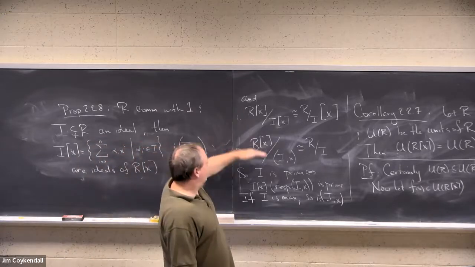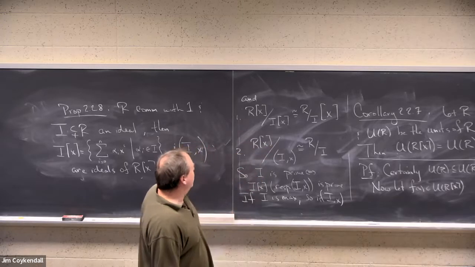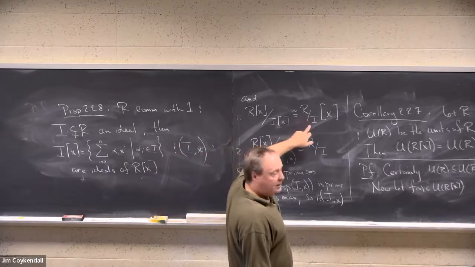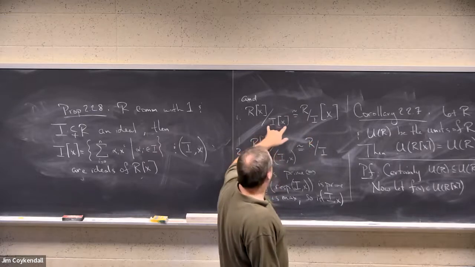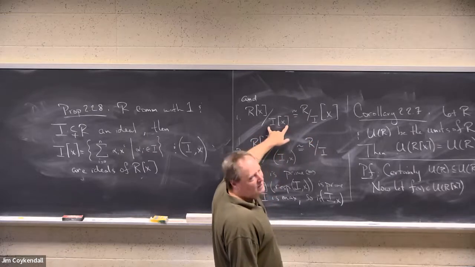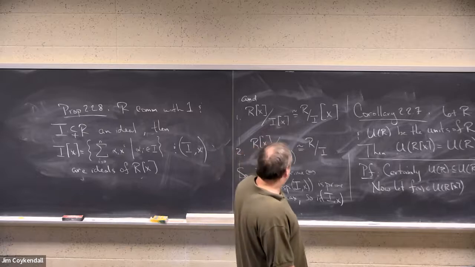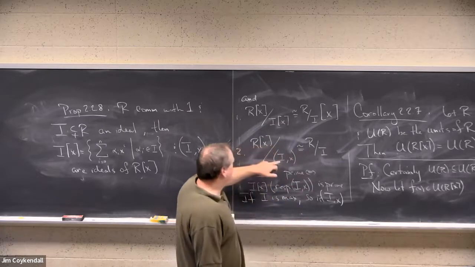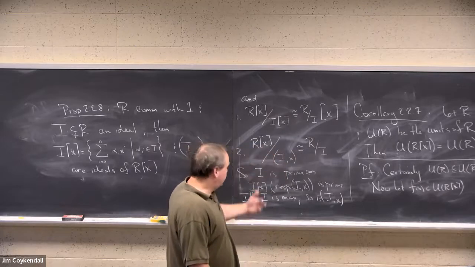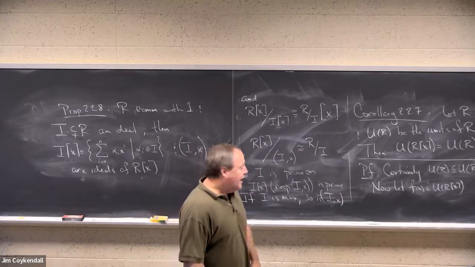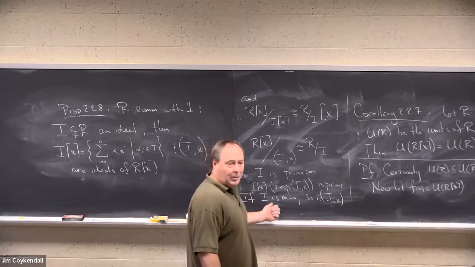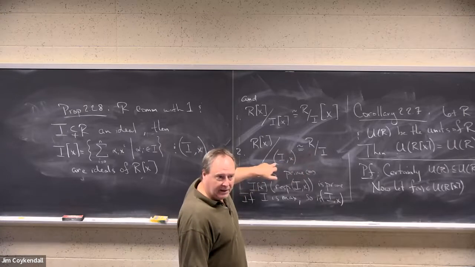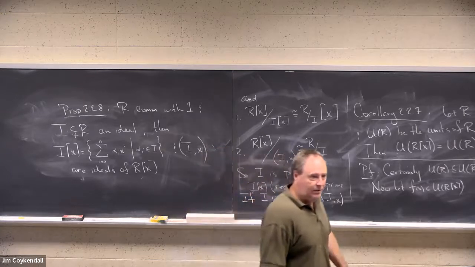So for this part of the proof, if I is prime, then R/I is an integral domain, forcing (R/I)[x] to be an integral domain, forcing I[x] to be prime. And conversely, again, if I is prime, R/I is a domain, and so (I, x) must be a prime ideal. And finally, if I is a maximal ideal, that means R/I is a field, meaning that (I, x) is maximal.